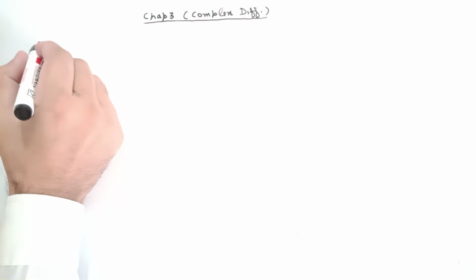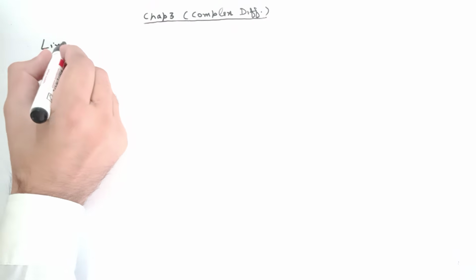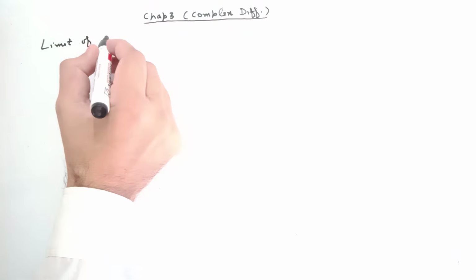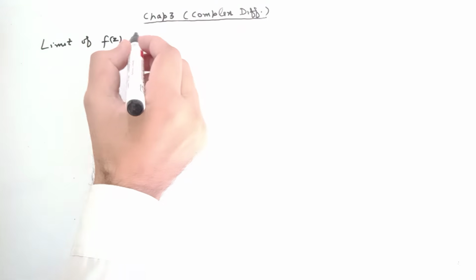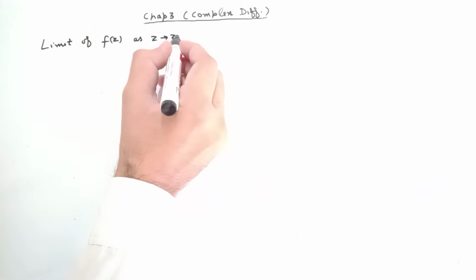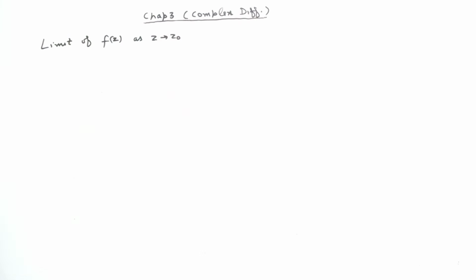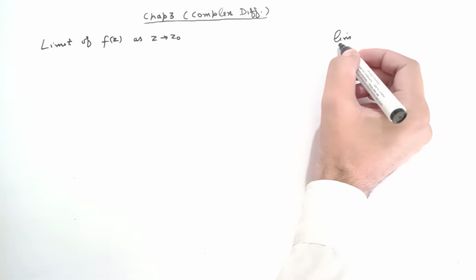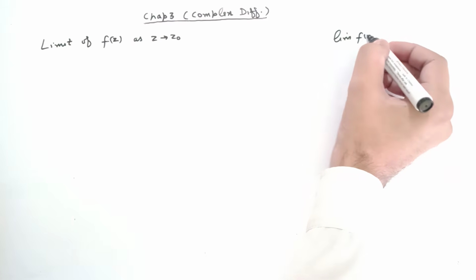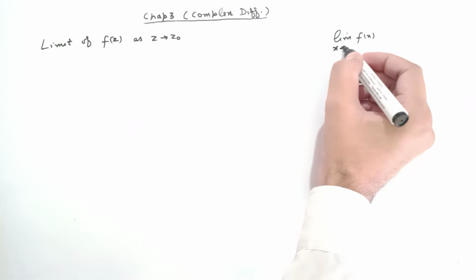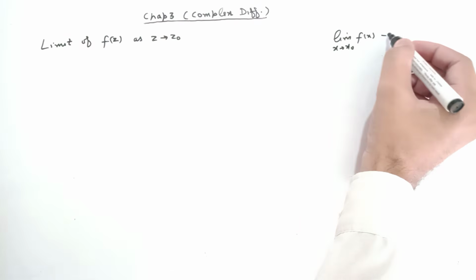first let us see what is the limit of a complex function f(z) as z approaches z0. Hope you recall the limit of f(x), a real valued function, as x tends to x0.